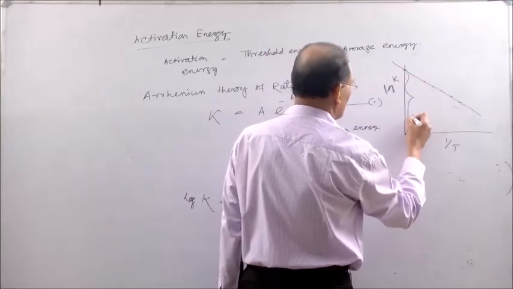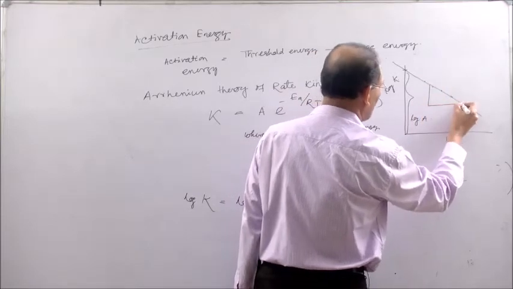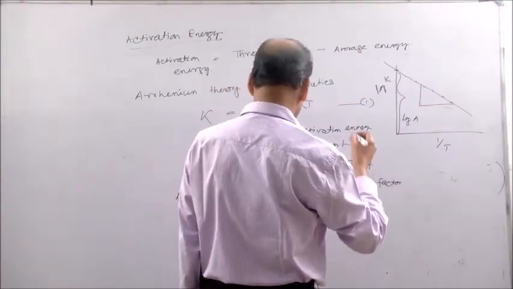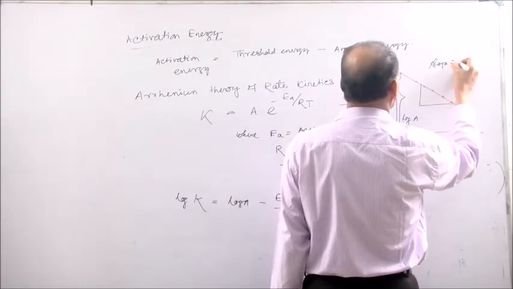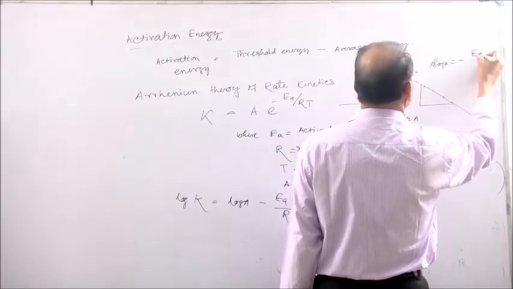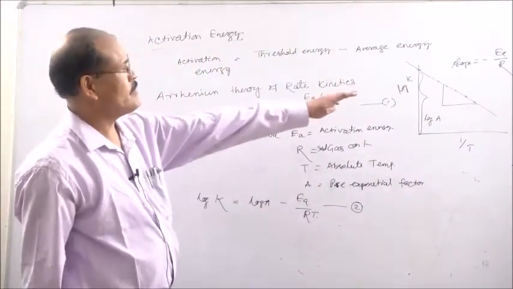This is log A, and the slope is minus Ea by R. R is the gas constant, a fixed quantity.